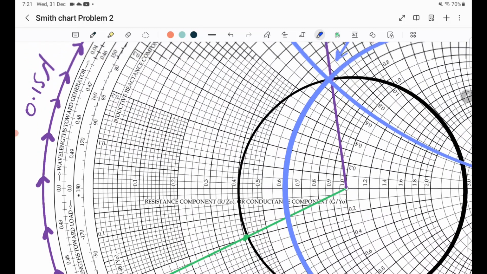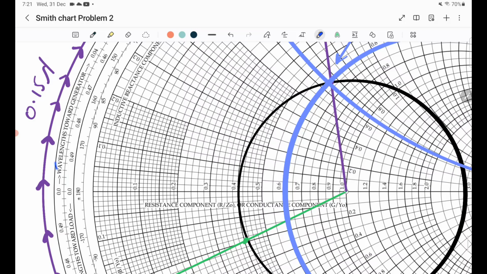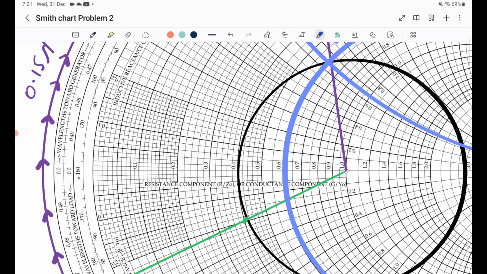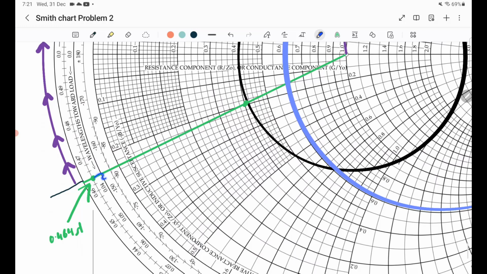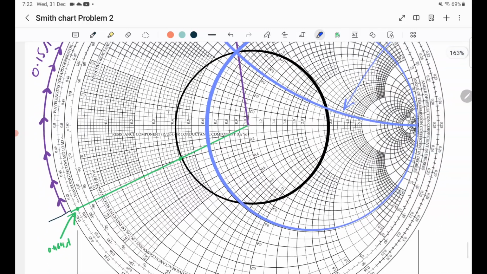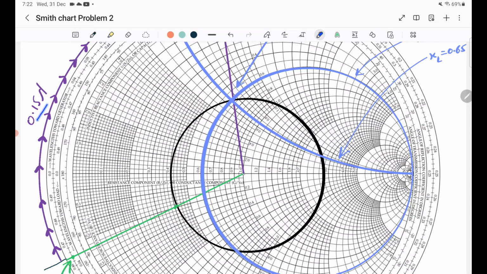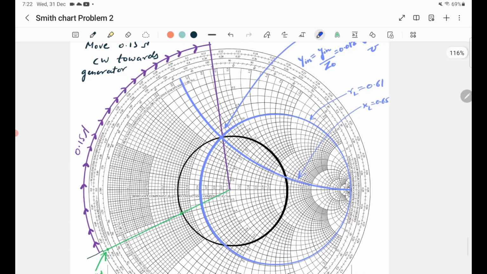Since we are moving towards the generator, this is wavelength towards the generator, so we are going to use this topmost scale and move in the clockwise direction as shown by this arrow. This line cuts the scale at 0.464 lambda, and from this point we are going to move 0.15 lambda in the clockwise direction.